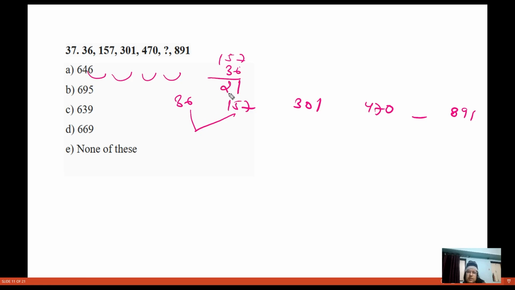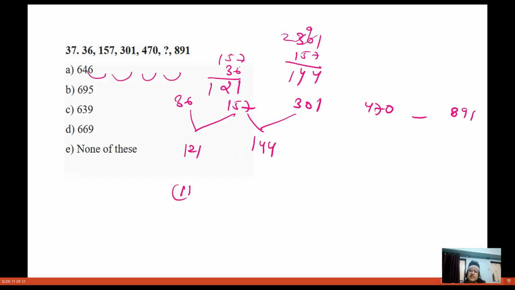So this is coming to be 1, this is coming to be 2, this is coming to be 121. What is the difference between 301 and 157? This is coming to be 4, this is coming to be 4, and this is coming to be 1. So 144. Okay, so this is 11 square, this is 12 square. Let us see whether this becomes 13 square or not.